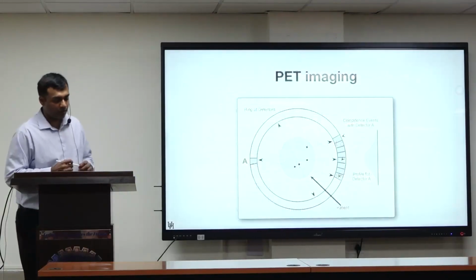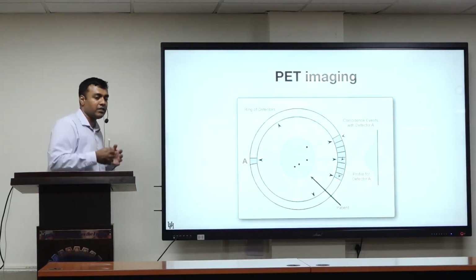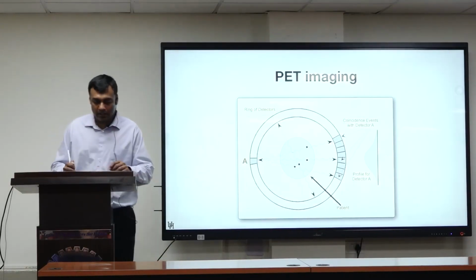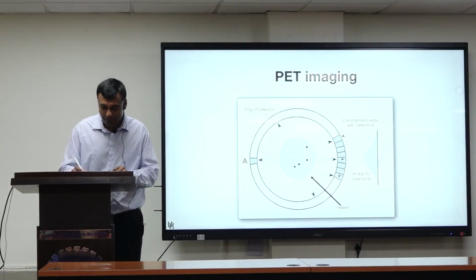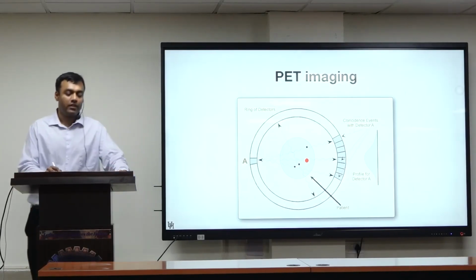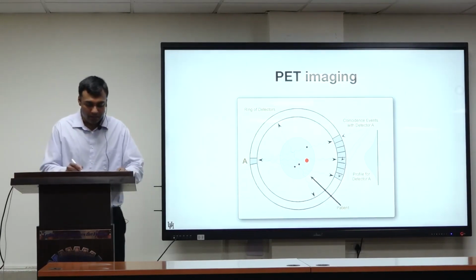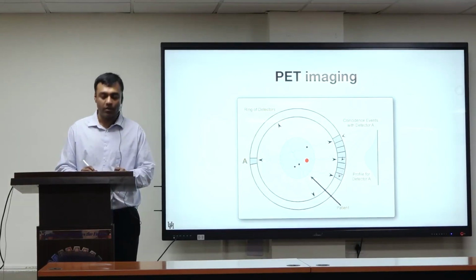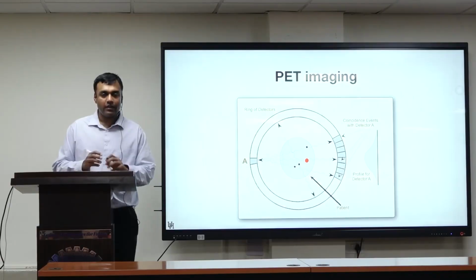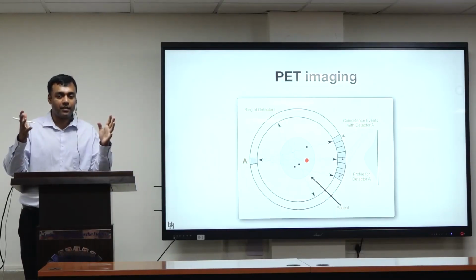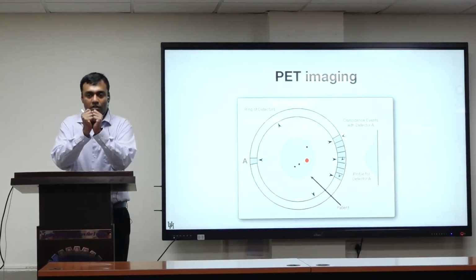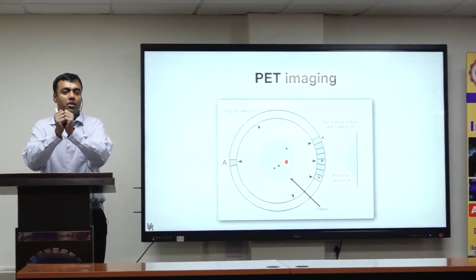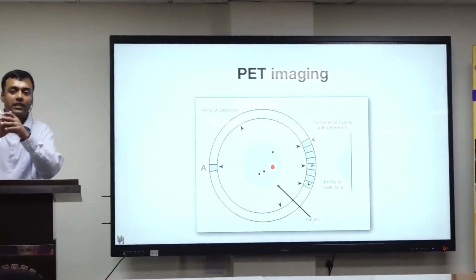Okay, so let me give you a very simplistic picture of how this works. Let's say you have a source of radiation over here. A gamma ray is emitted at a certain point when there is some kind of annihilation.